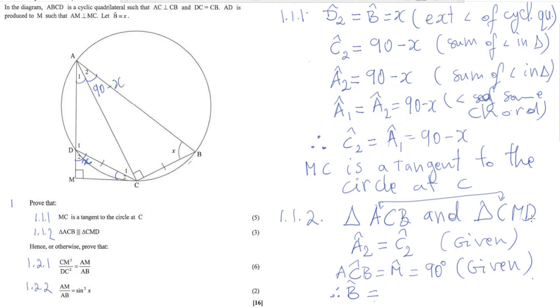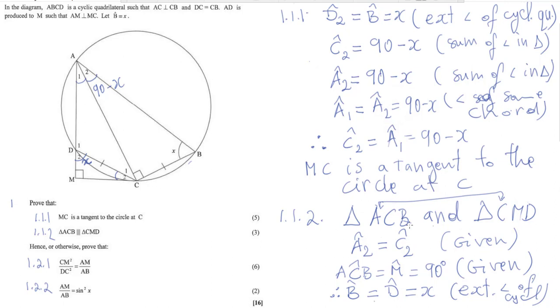In this triangle, it's an angle D. Can you see that here? D, which we can call the exterior angle of the cyclic quadrilateral. So now we found that all the angles here are the same.